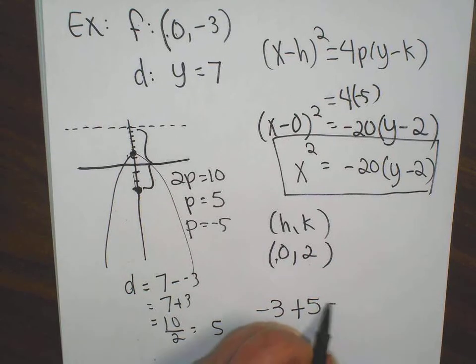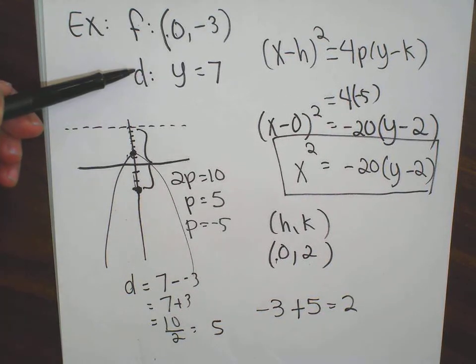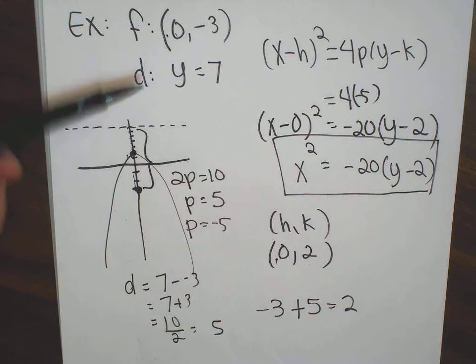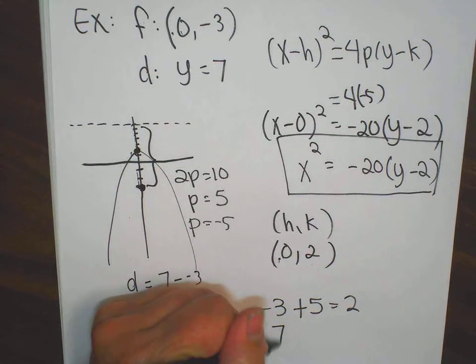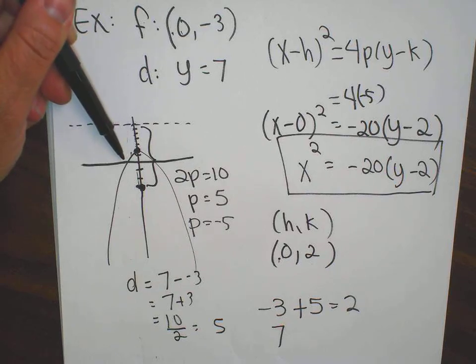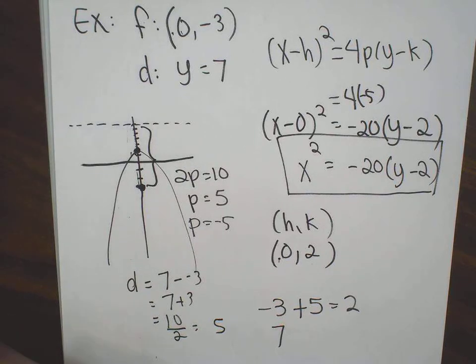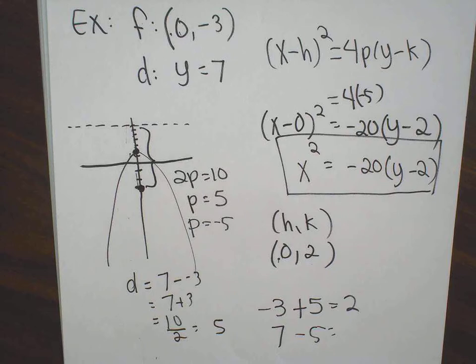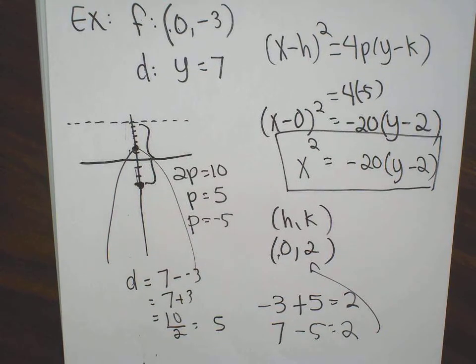So that gives me 2. Or you could go from the directrix. Your directrix is 7. I have to move down to get to my vertex. So what would I be doing? Subtract 5, which is also 2. You guys with me?